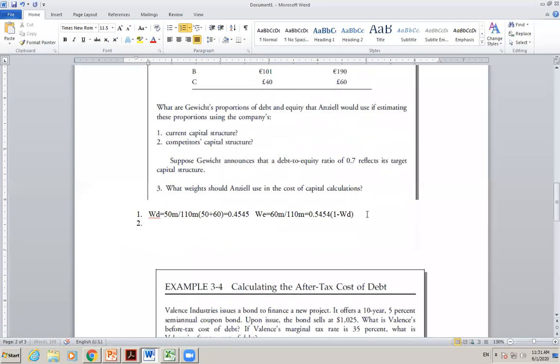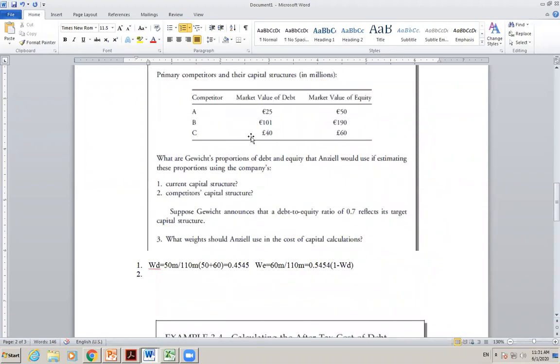Now we are moving to the second question: calculate the competitors' capital structure. To calculate the competitors' capital structure for debt, we're going to just take the average, for A and B. So the weighted average of debt is equal to, I open the big formulation, 25 divided by 75.